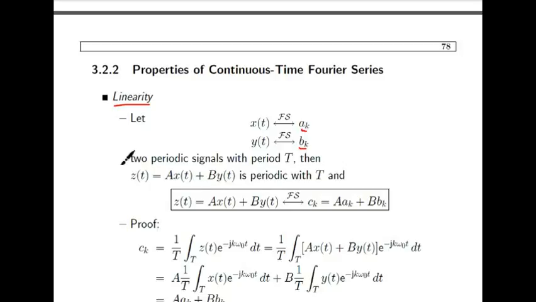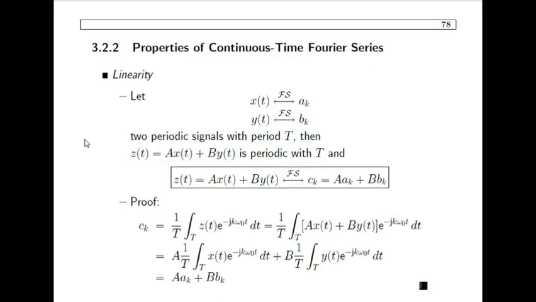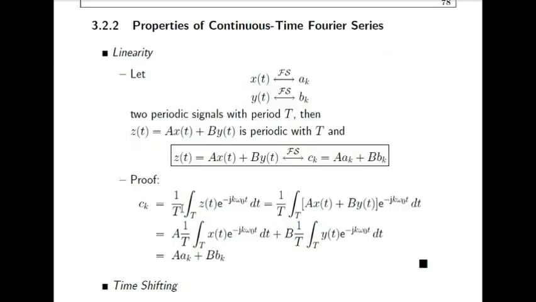These are two periodic signals with time period T, and we have a third signal z(t) which is a linear combination of x(t) and y(t), and is also periodic with time period capital T. If we find the Fourier series representation of z(t), then it will be a·a_k plus b·b_k. This is the linearity property of continuous time Fourier series. Now let's see the proof.